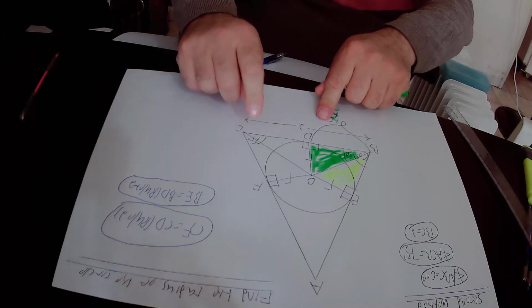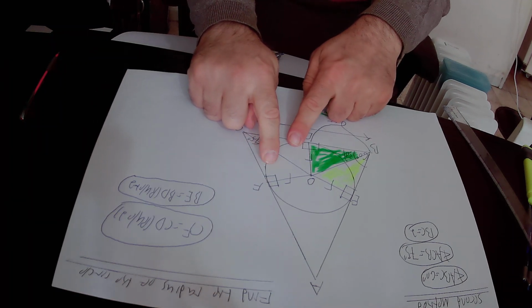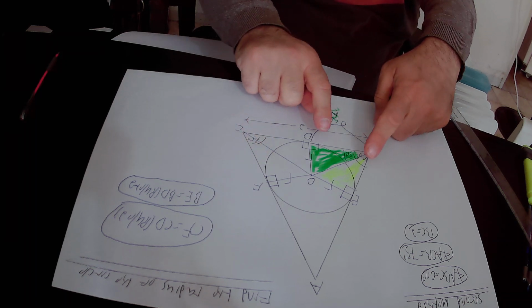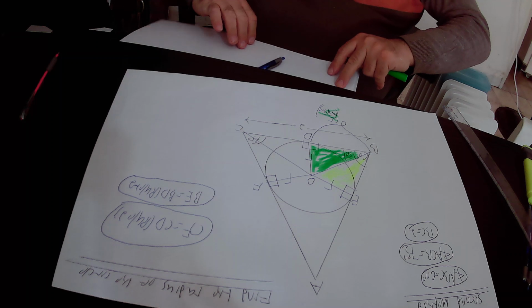We repeat the same process on those two right triangles. So we do it quickly because we have already done it on those two right triangles.